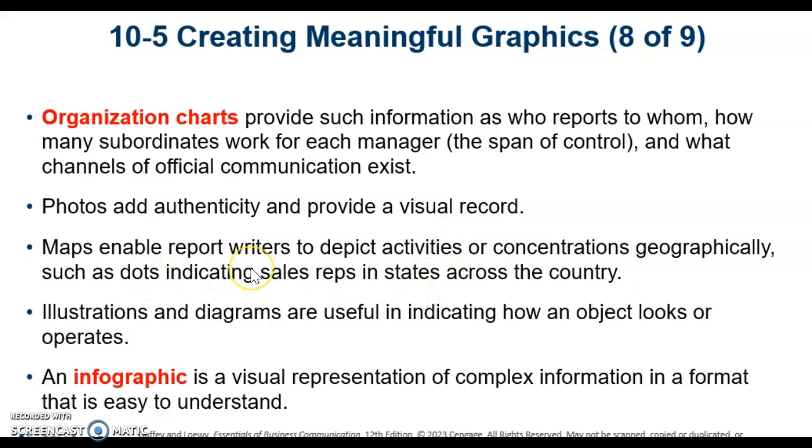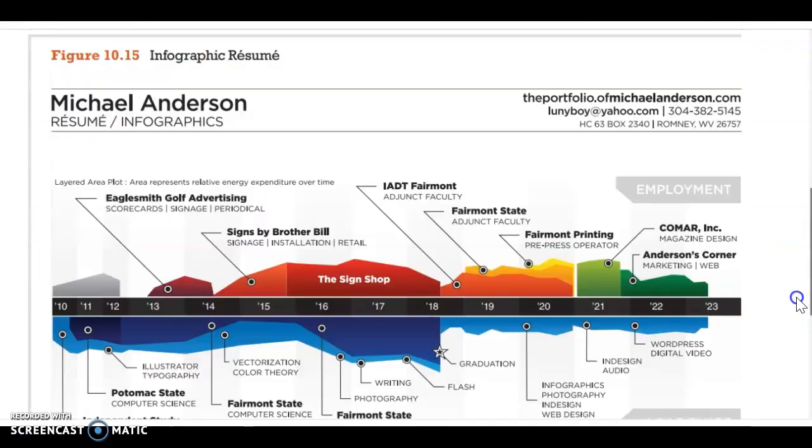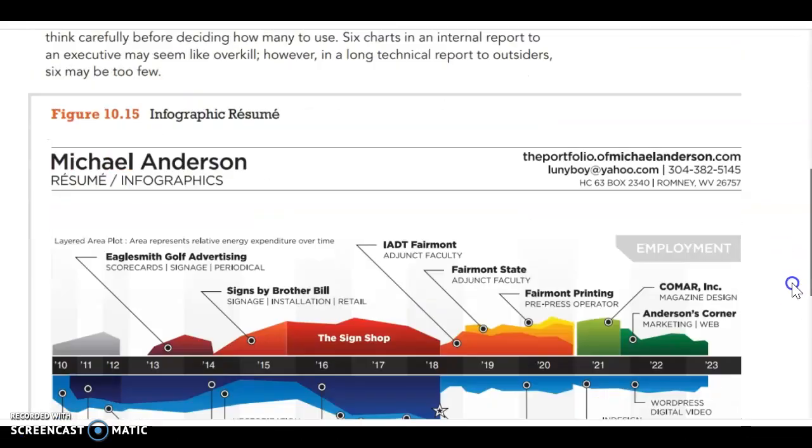Maps enable report writers to depict activities or concentrations geographically. You could have dots indicating sales reps in states across the country. You can have illustrations and diagrams. And an infographic is a visual representation of complex information in a format that's easy to understand. Here's an infographic in your textbook.